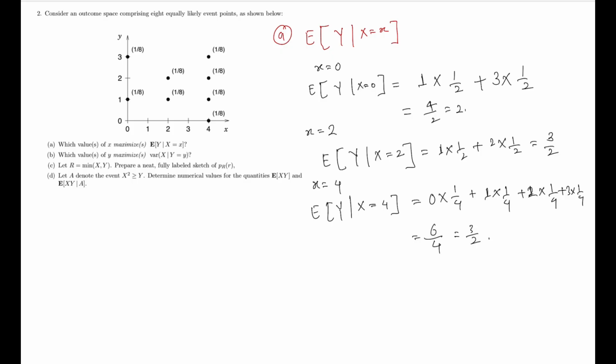We have found it for all the cases, so we can now summarize it like this.